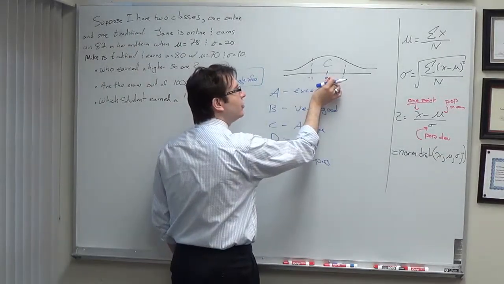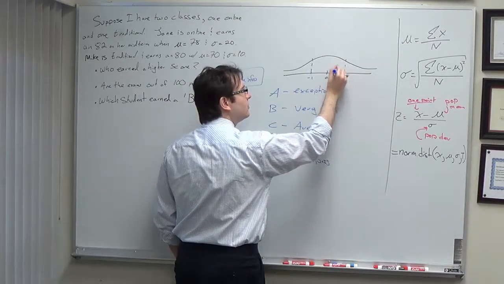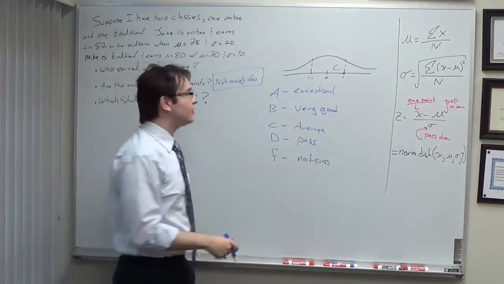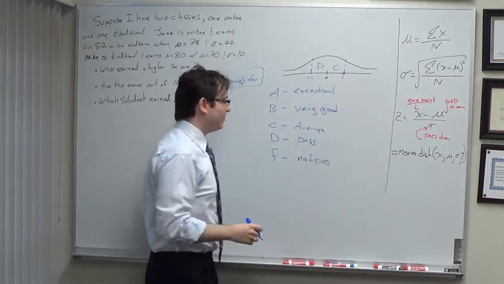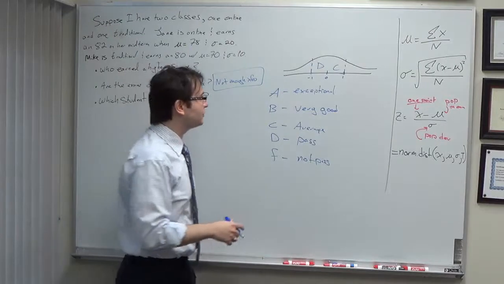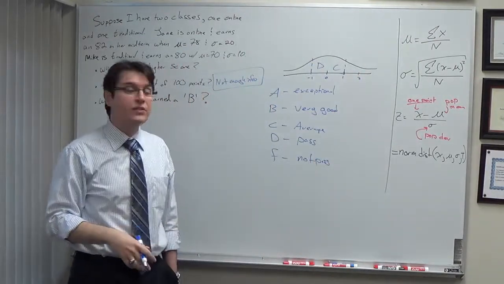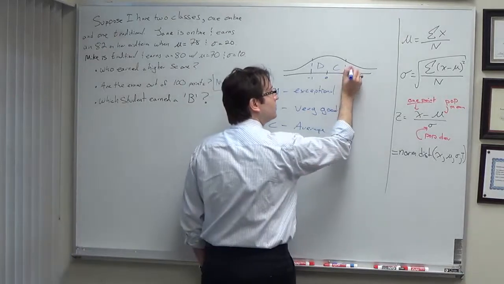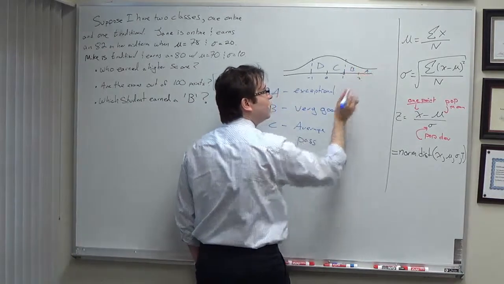This is an average score. So a score that's in this average range might be called a C. And a score that's in this just a smidge below average range might be called D, a pass. And then if you go another standard deviation up here, you would say, well, this is very good. And then if you go even further, you say, well, this must be truly exceptional.